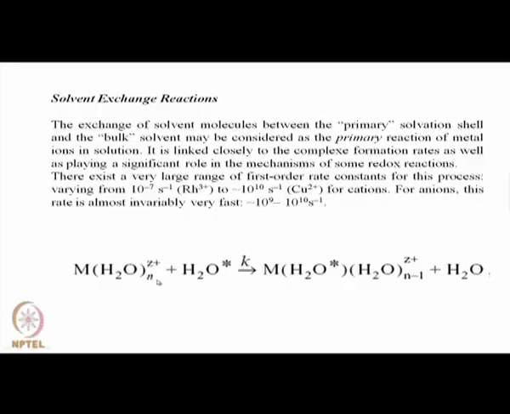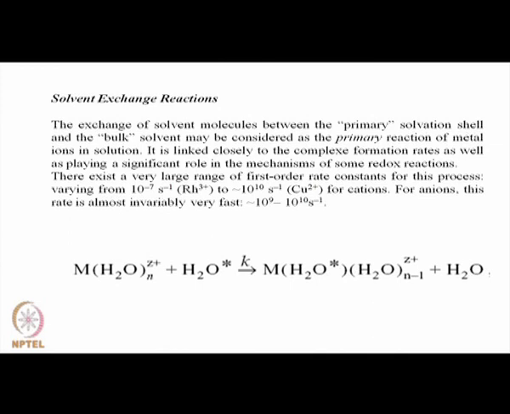It is basically exchange of outer water going into the inner primary solvation cell, and the inner primary solvation cell water is going out. That is why M(H2O)n, there are n number of waters in very close proximity to M having Z+ charge on the metal ion. So, it is a typical solvent exchange reaction.